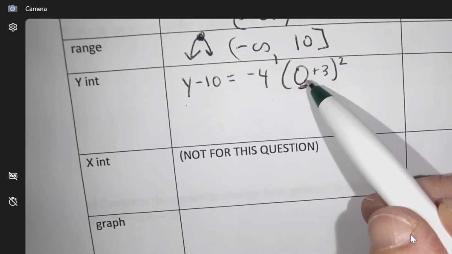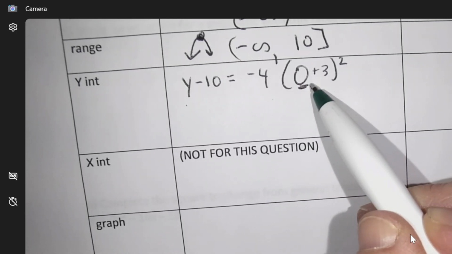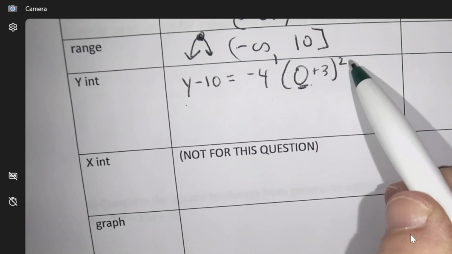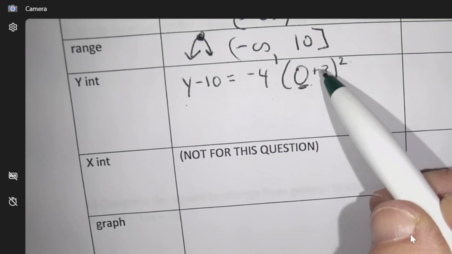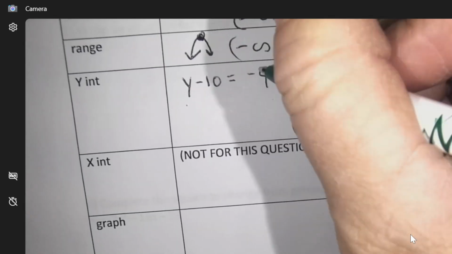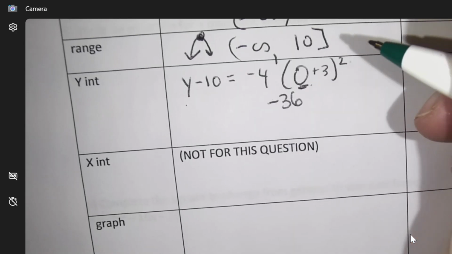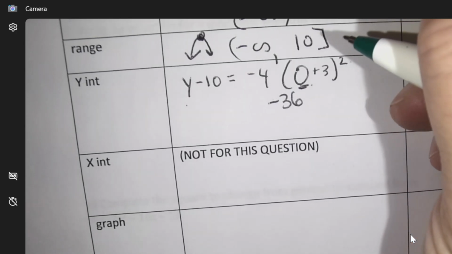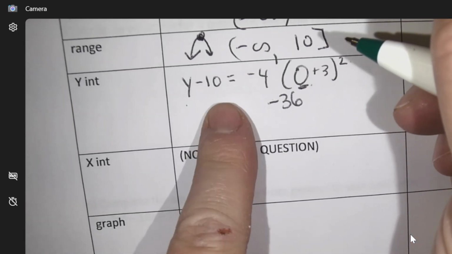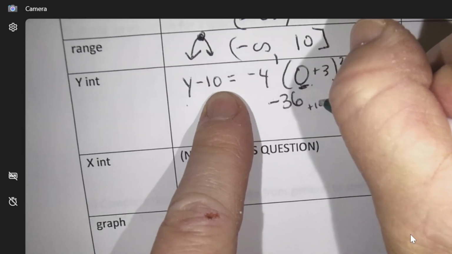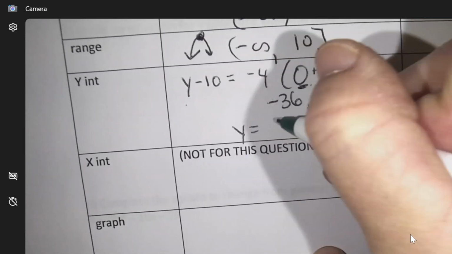Okay, so we have 3 brackets squared. Now we're at 9. 9 times negative 4. And then I still have to do what yet? I'd have to move the 10.